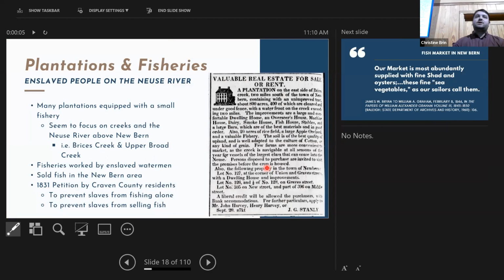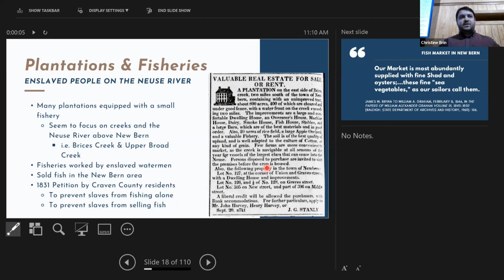Most plantations along the Neuse River, as well as along areas like the Albemarle Sound, the Trent River, and the Cape Fear River, had plantations along the riverbanks, and many of them had fisheries for this very reason, not only to provide fish for the households, but also for the slaves working the fields.